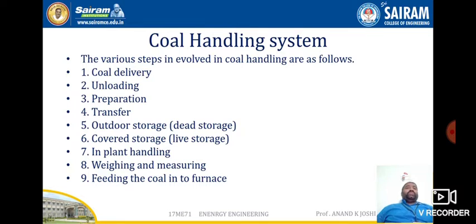Coal delivery means the coal may be delivered from the supply points using ships or boats when the power station is situated near the sea or river. If rails are there, trucks may also be used to deliver the coal when the power station is situated away from the sea or river.